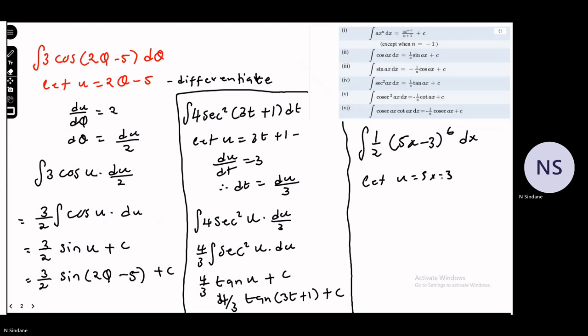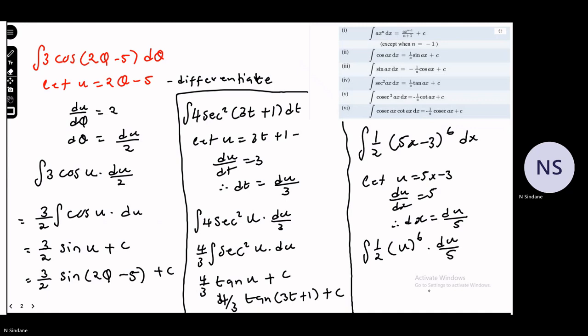And then get the derivative of this. It will be du over dx is equal to 5, and therefore dx is equal to du over 5. Then substituting, I'll have integral 1 over 2 of u to the power 6 multiplied by du over 5.